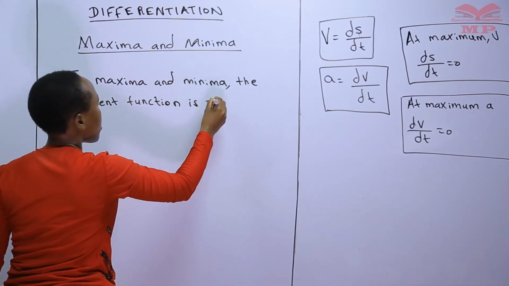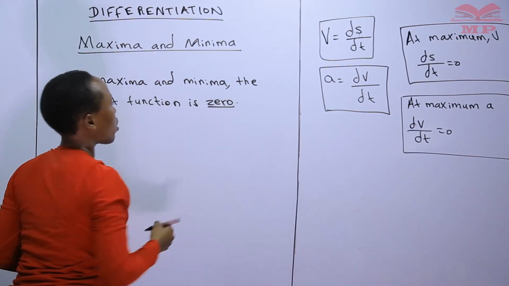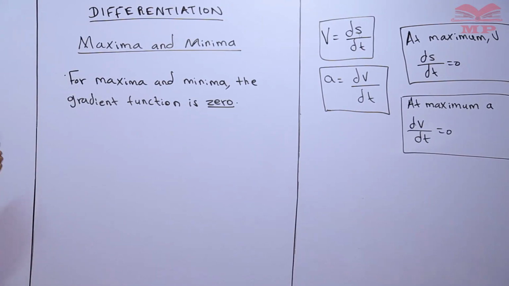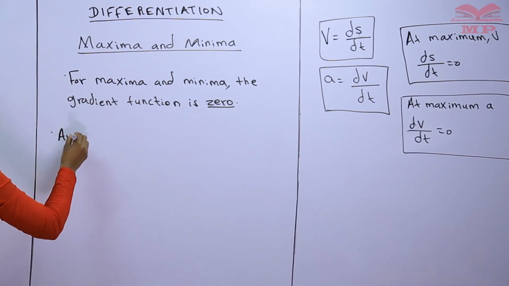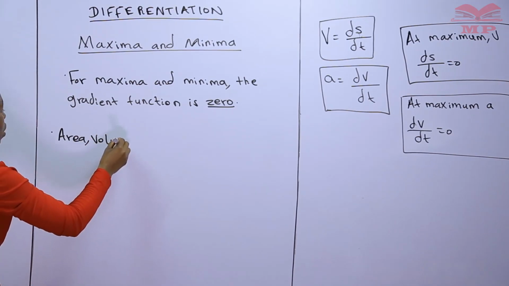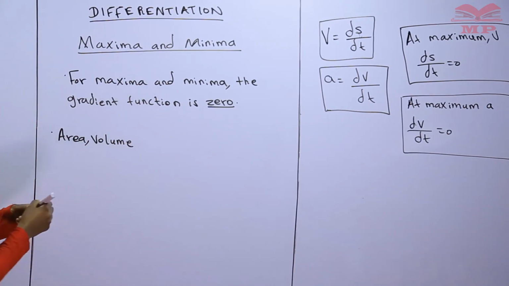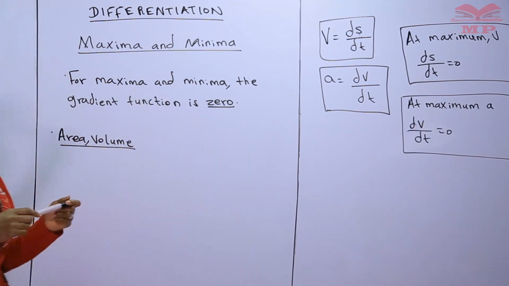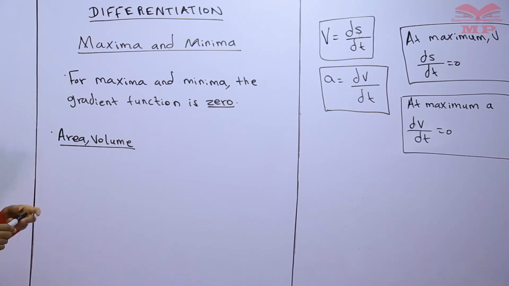It can be quantities like area, volume, velocity, acceleration, all these. So for maximum area, the gradient function is 0. And either for maxima or minima, the gradient function is 0.